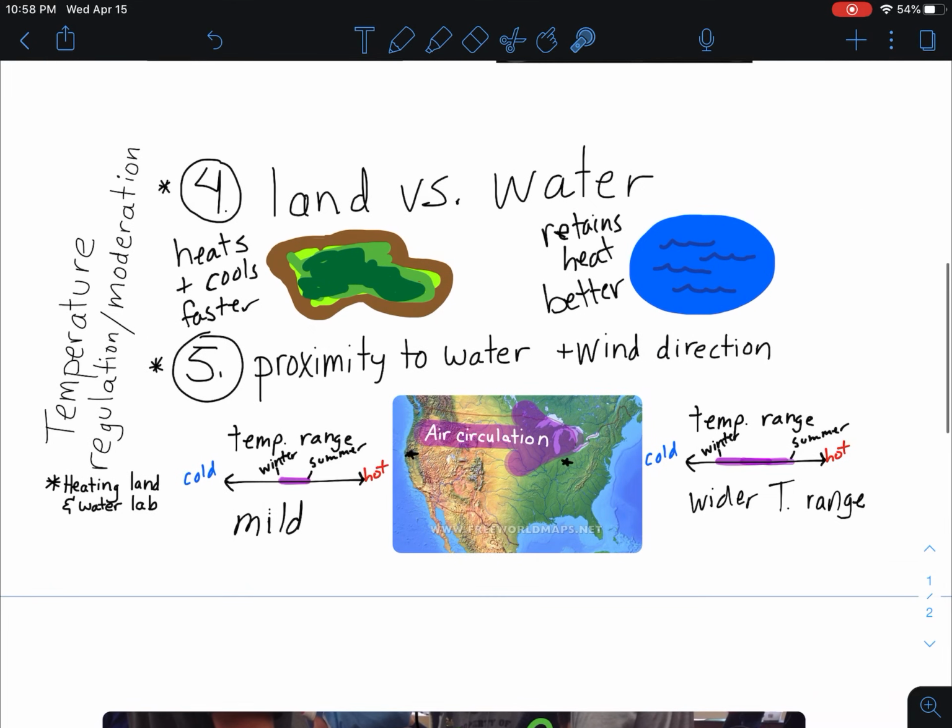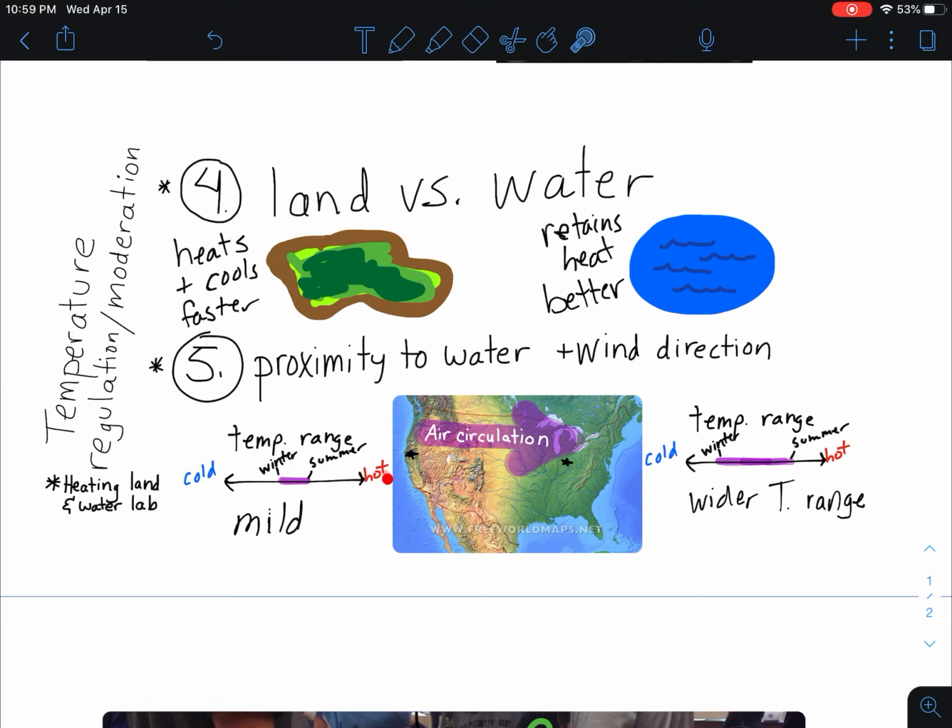Well, what this has to do with climate controls: land, sand especially, but other land as well, heats and cools a lot faster than water. So here's what this has to do with climate controls on Earth. If we have a city over here in California, this is going to have a very mild temperature range because it's next to the Pacific Ocean with the air circulation going this way.